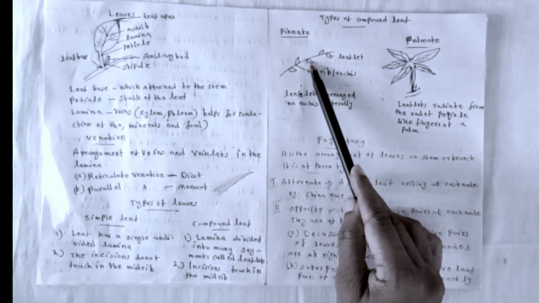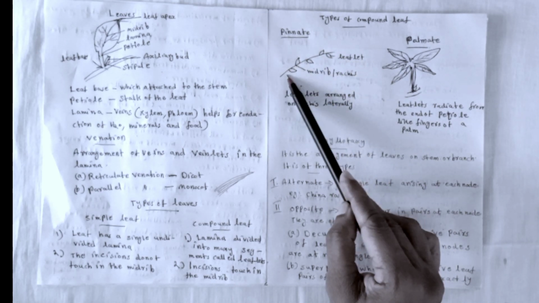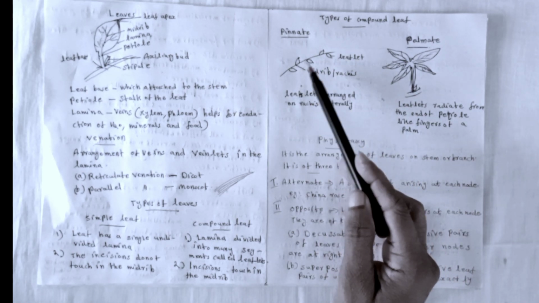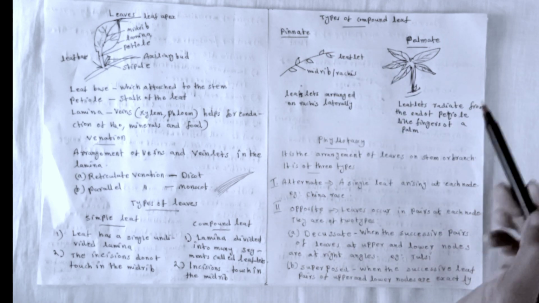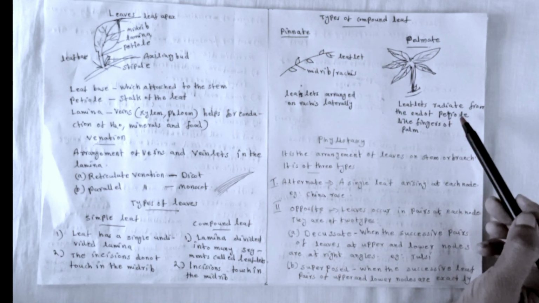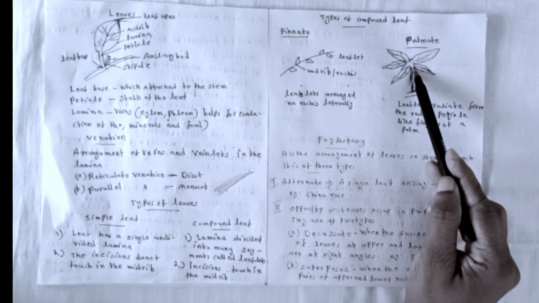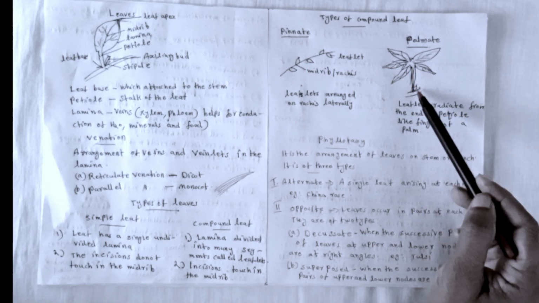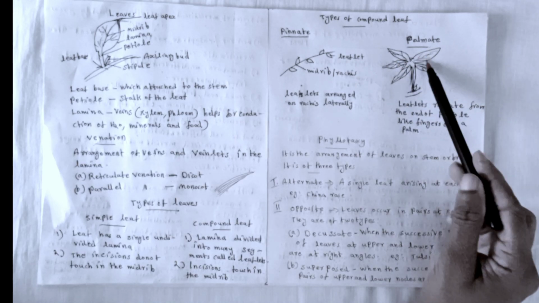This is the midrib or rachis of the pinnately compound leaf and these are the leaflets. Here leaflets are arranged on the rachis laterally. In a palmately compound leaf, leaflets radiate from the end of the petiole, like fingers on the palm.